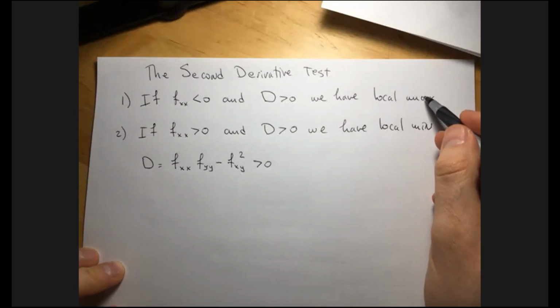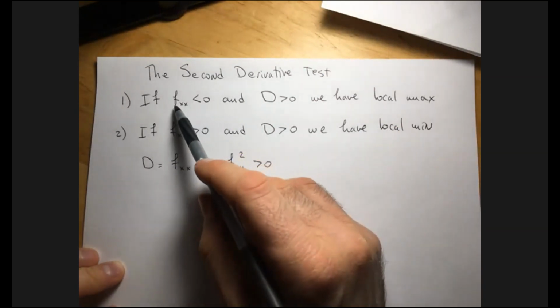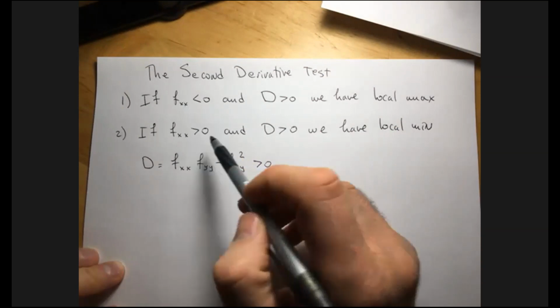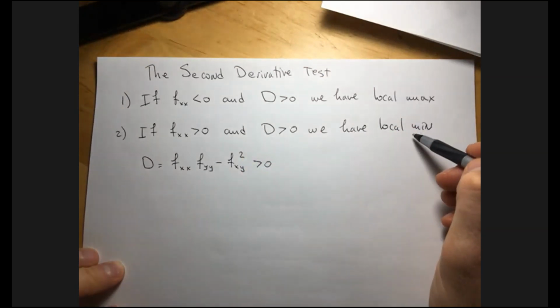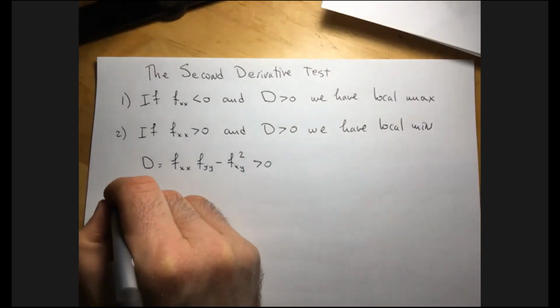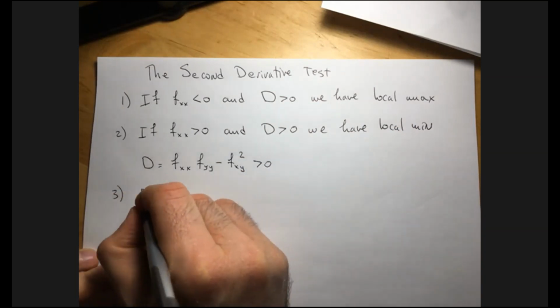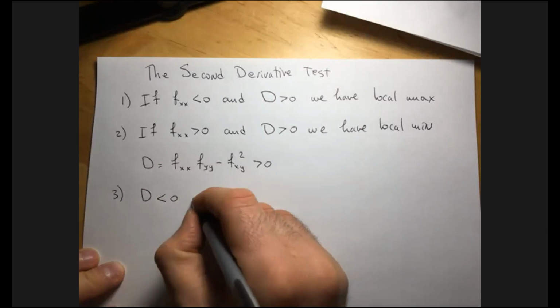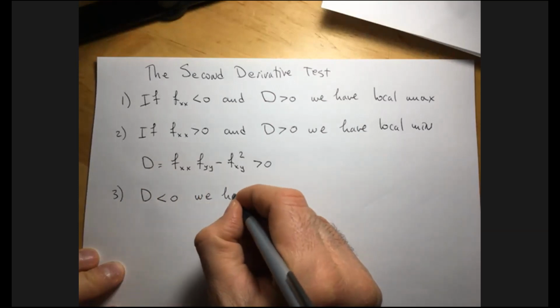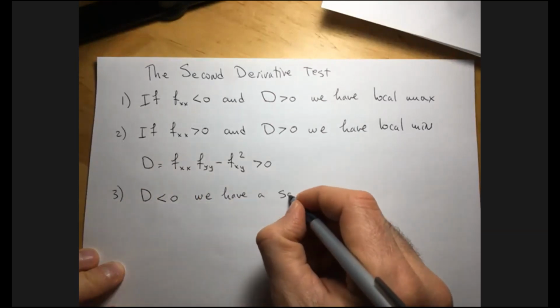Okay? And then based on the sign of the f double x, we determine whether it's local maximum or local minimum. 3. If the discriminant is less than 0, then we have a saddle point.